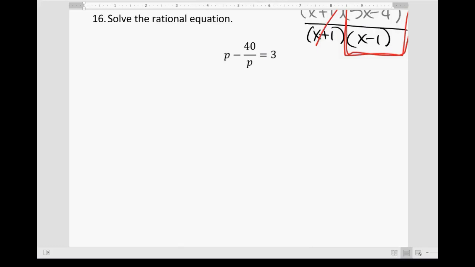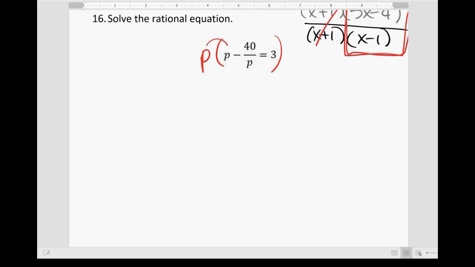The way to quickly get rid of any fractions is to find the least common denominator and multiply everything by that denominator. So in this case, we only have one denominator, and that's a p. If we multiply everything by p, then your denominators will go away.